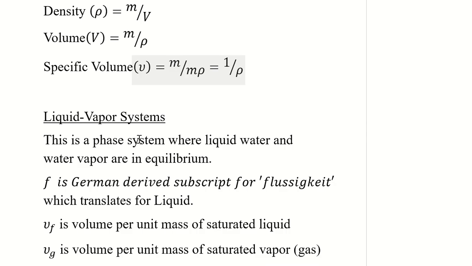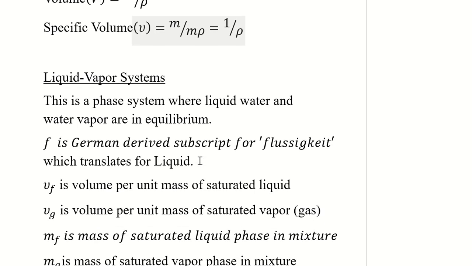This is a two-phase system where liquid water and water vapor are in equilibrium. To illustrate this, you have maybe an electric kettle that has water and it's boiling. When water is boiling, it is evaporating. It has vapor, and as it's evaporating, the water didn't vanish, there's still water. So it has liquid water and water vapor.